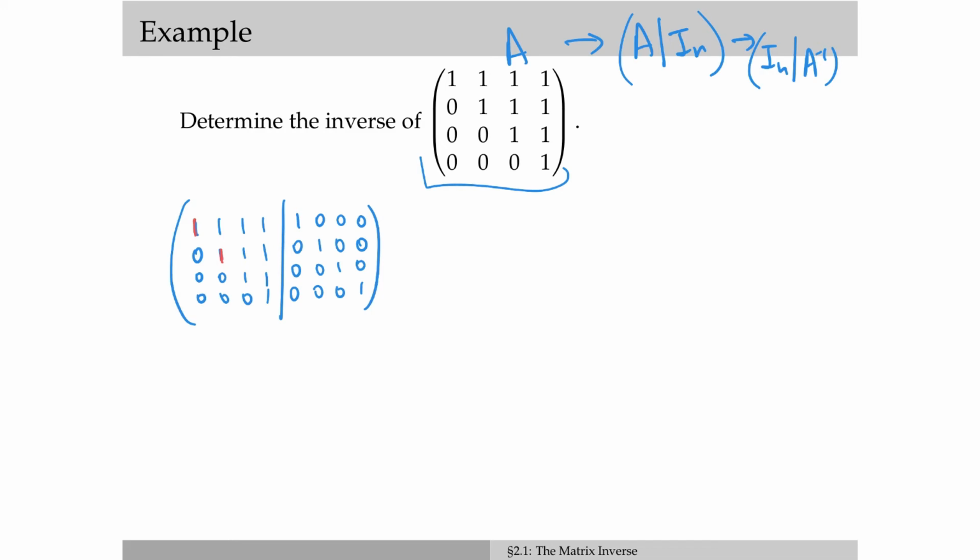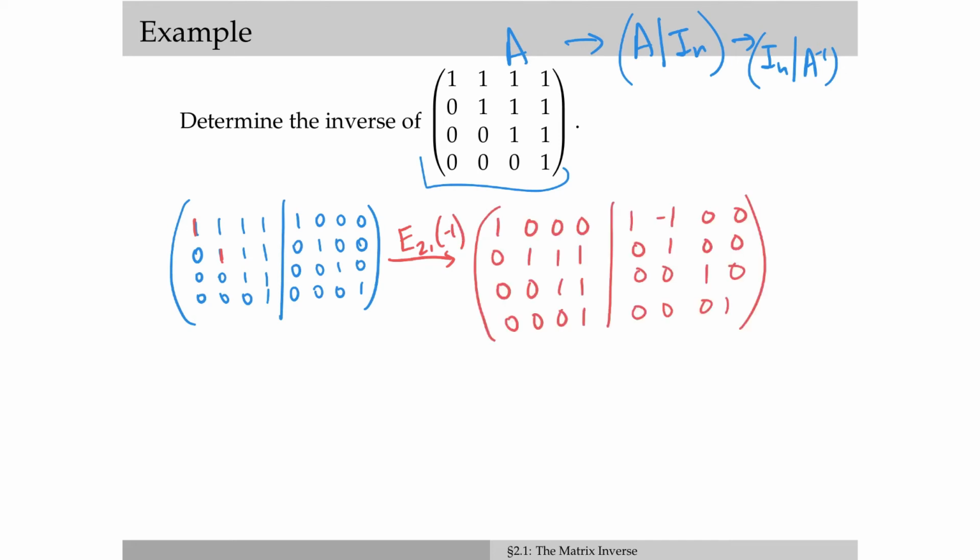Okay, well that means what I need to do here is E21 of -1. All right, next up is to use this entry to eliminate the 1 above it. So that means I'm going to do E32 of -1.